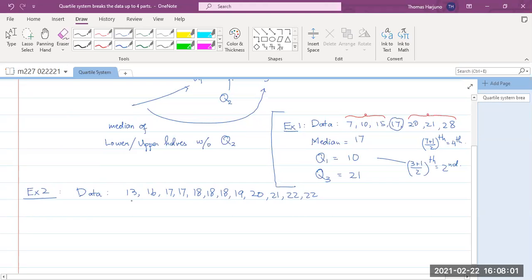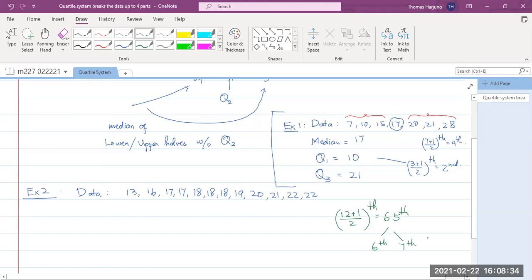So how many data are here? 1, 2, 3, 4, 5, 6, 7, 8, 9, 10, 11, 12. So there are 12 data. So n equals 12. n plus 1 divided by 2, that's data number 6.5. So between data number 6 and data number 7.